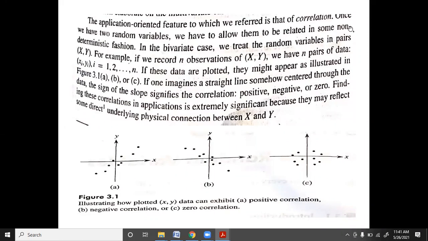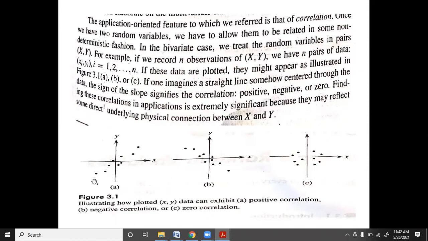So correlation just means what is the relationship between the two different events, two different variables, x and y, x1, y and z, or x1, y1, z1, or x1, x2, x3, x4, x5, if you take multiple random variables. So you can plot for multiple random variables, but we can definitely plot the relationship between the two different random variables.